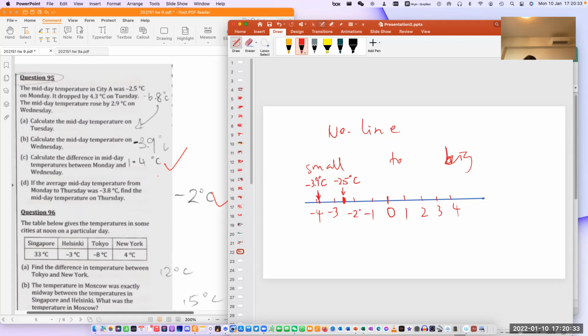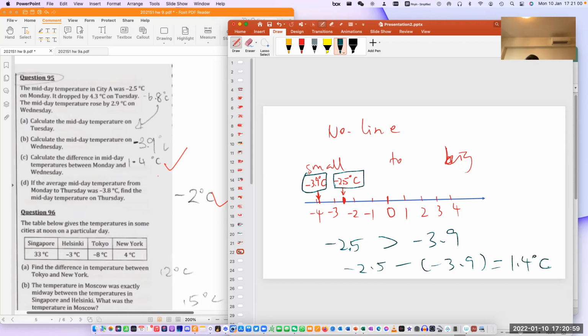Based on the positions of these two numbers, I can conclude that -2.5 is bigger than -3.9. Therefore, I use -2.5 minus -3.9. Then I will end up with 1.4.